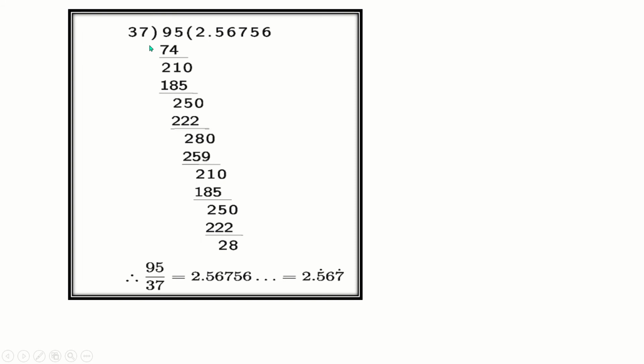And another part, 37 divided by 95, here there is 95. After dividing this, and we know how to divide, the result will be this. Here will be 5 6 7, also here will be 5 6 7, that means 5 6 7 is repeated.